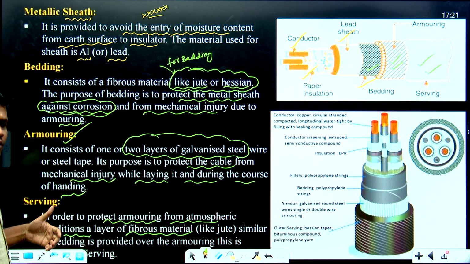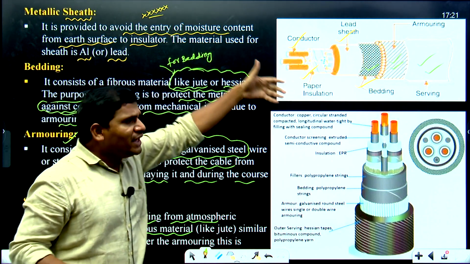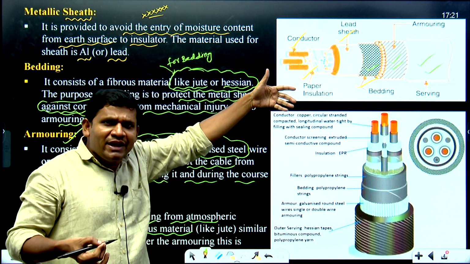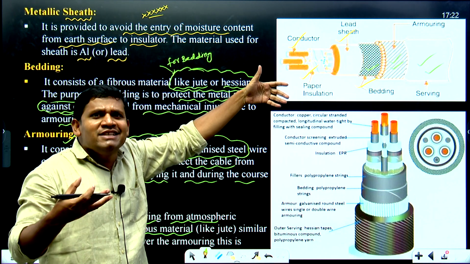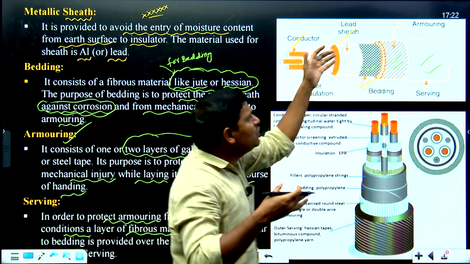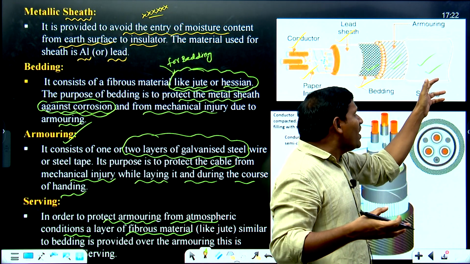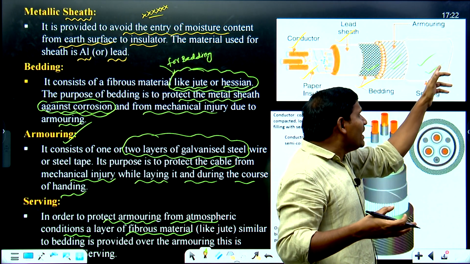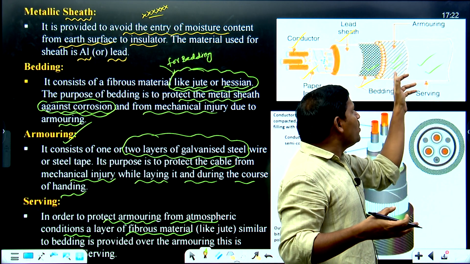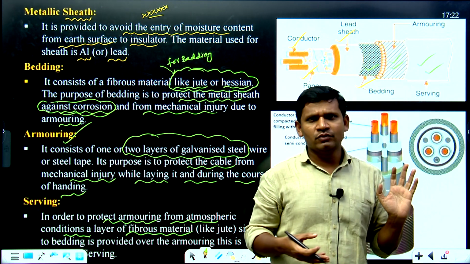What is the material used for the bedding, students? We have to use the jute or hessian material. The same material is used for the serving also. But what is the serving function? To protect the armoring from atmospheric conditions, we are using the serving.